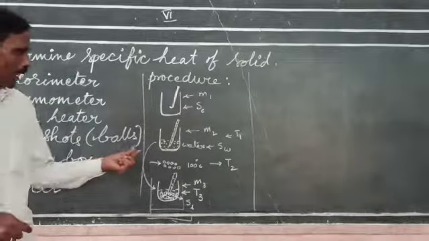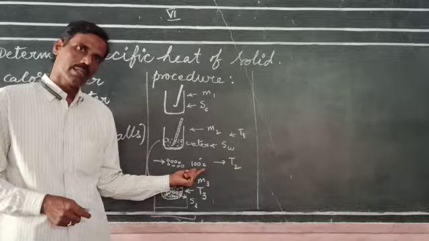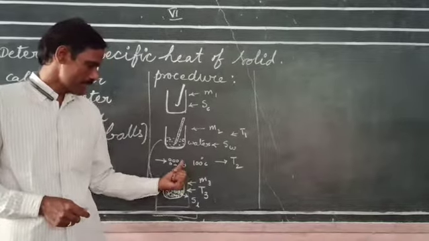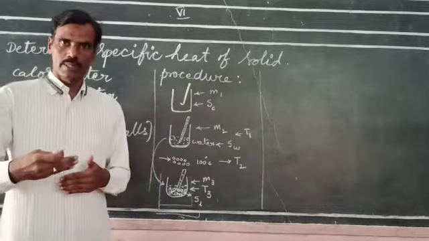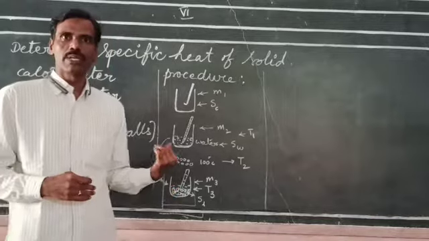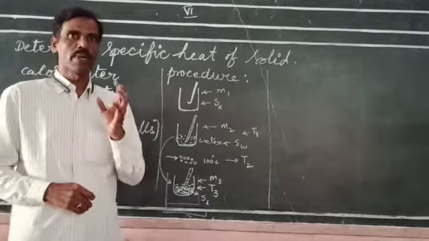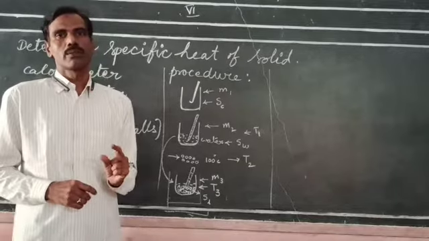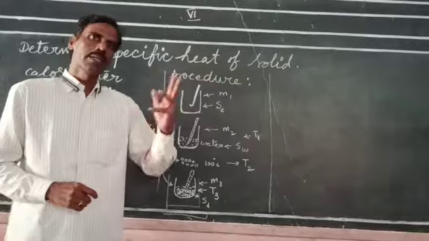As the lead shots were raised to 100 degrees centigrade, if you place these lead shots in water, the lead shots will lose heat energy. At the same time, water and calorimeter will gain heat energy. So net heat lost by lead shots is equal to net heat gained by water and calorimeter.